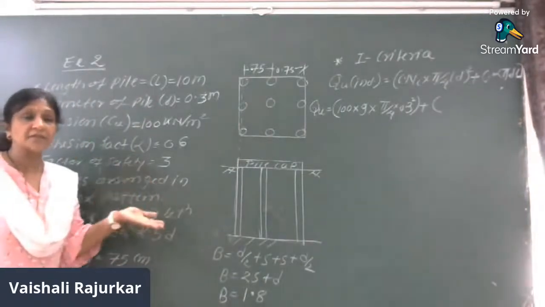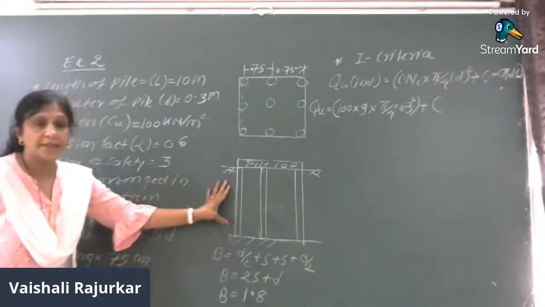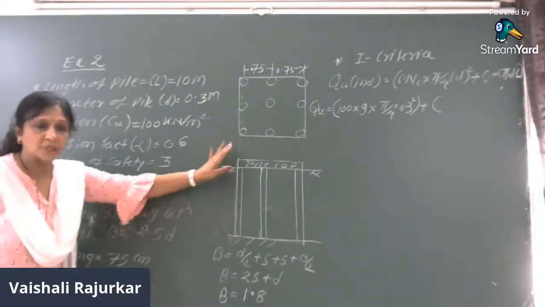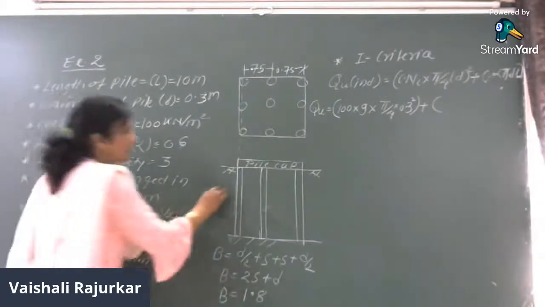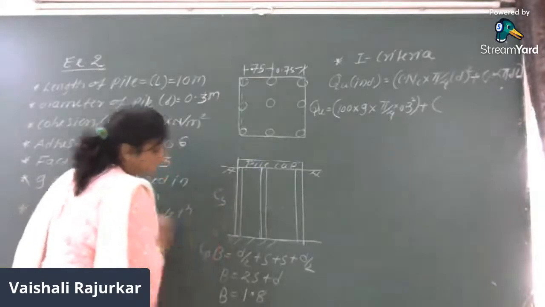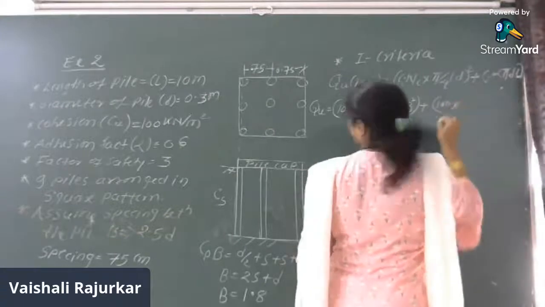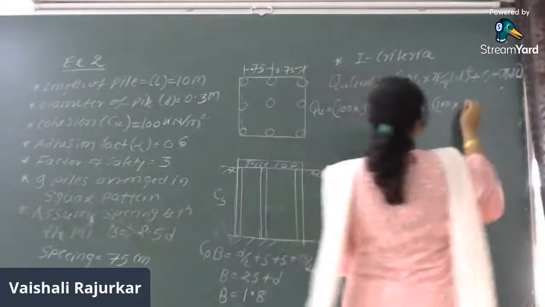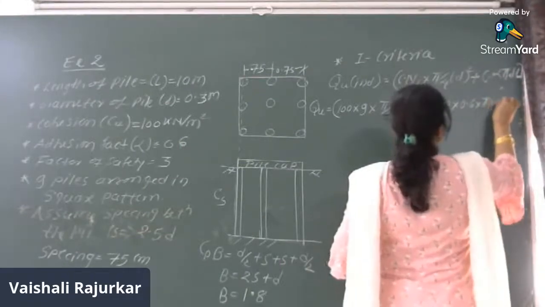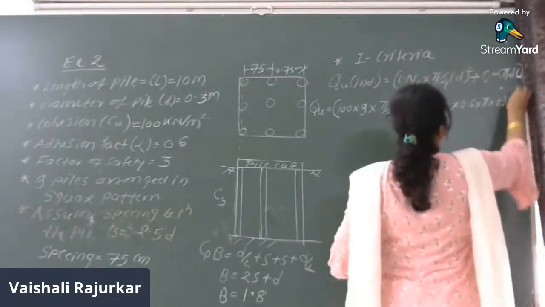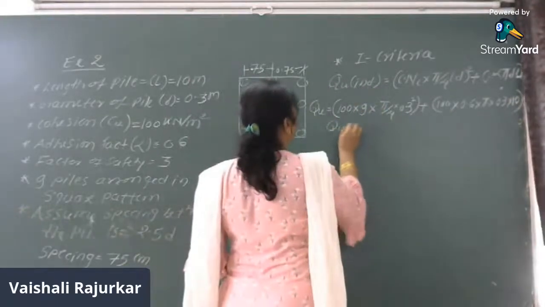Nothing is mentioned here about the soil below the pile being different, or the pile length being different. The soil is assumed to be homogeneous because only one cohesion is given, and therefore here C for the shaft is equal to C at the pile tip. Again we will take the same value into consideration: 100 into alpha, which is 0.6, into pi into 0.3 into 10. By this way, we will get the value of QU individual.